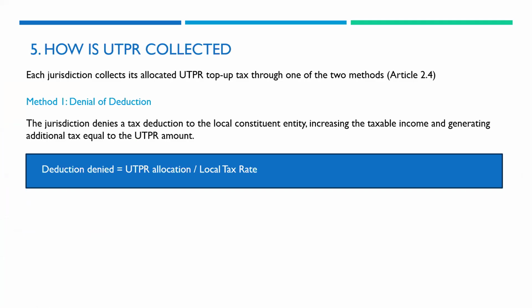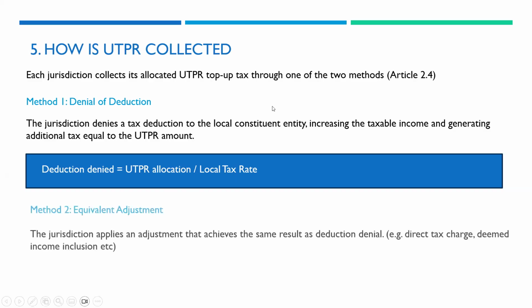They're denying the deduction as a means of collecting the UTPR. Now you understand why they are dividing by the local tax rate? Because this is a tax amount, and this is the tax I want to collect. So in order to find the deduction amount, I have to divide it by the effective local tax rate. Getting it? Then only I'll get the deduction amount.